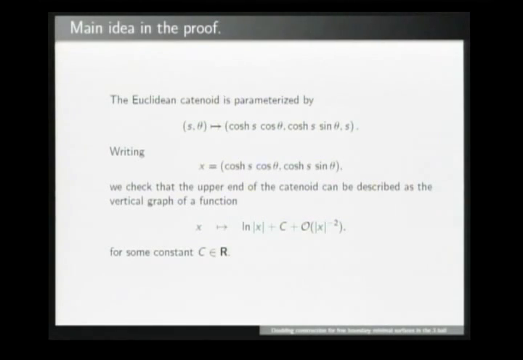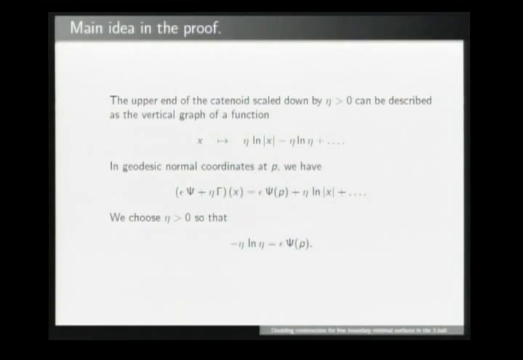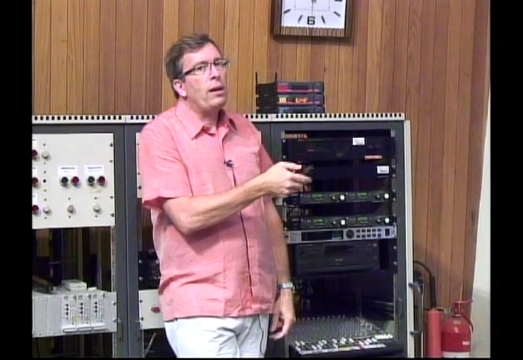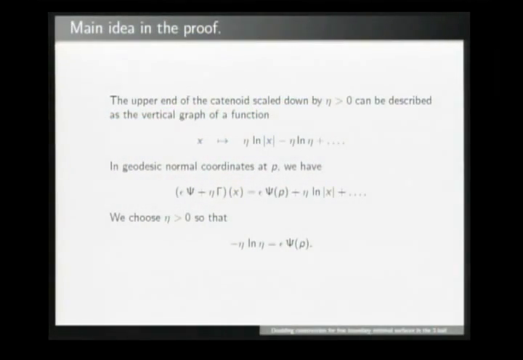And so now what you do is that you can take the catenoid and scale it down by a factor eta, and then you can look at the upper end of this scaled down catenoid, and with a change of variable you see that the upper end of the scaled down catenoid is the graph of a function that can be expanded like this as mod x tends to infinity.